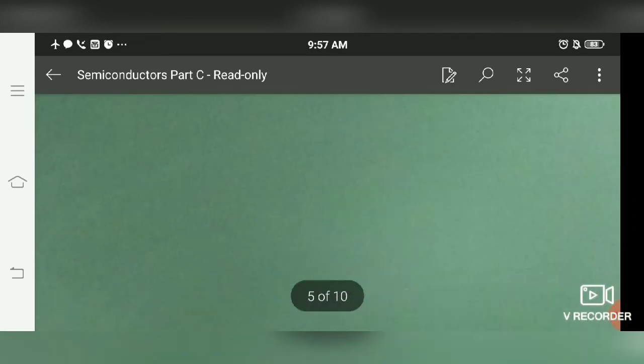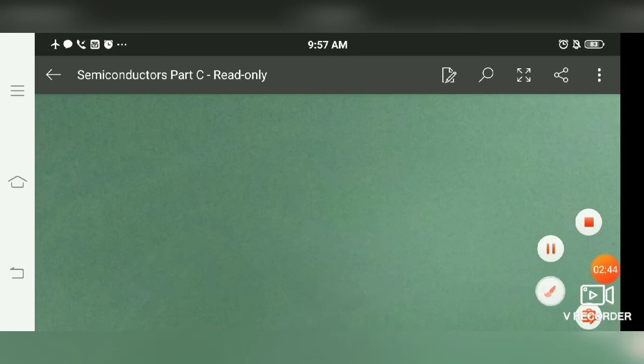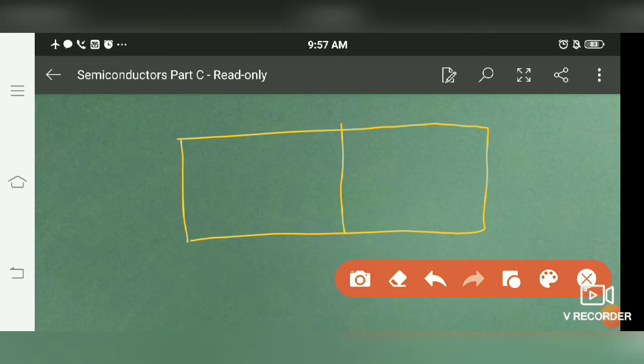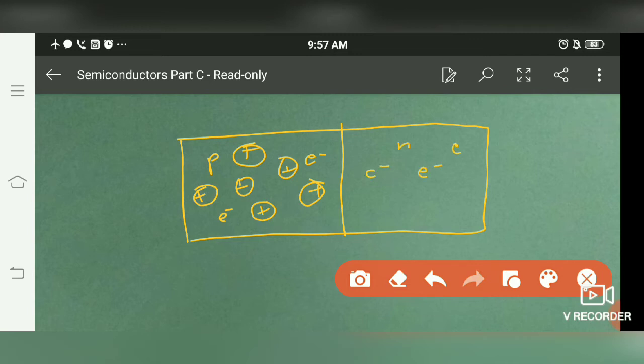Now we have two types of biasing. So what happened in the depletion region? This is the P side with more number of holes and less number of electrons. This is N type with more number of electrons and less number of holes.